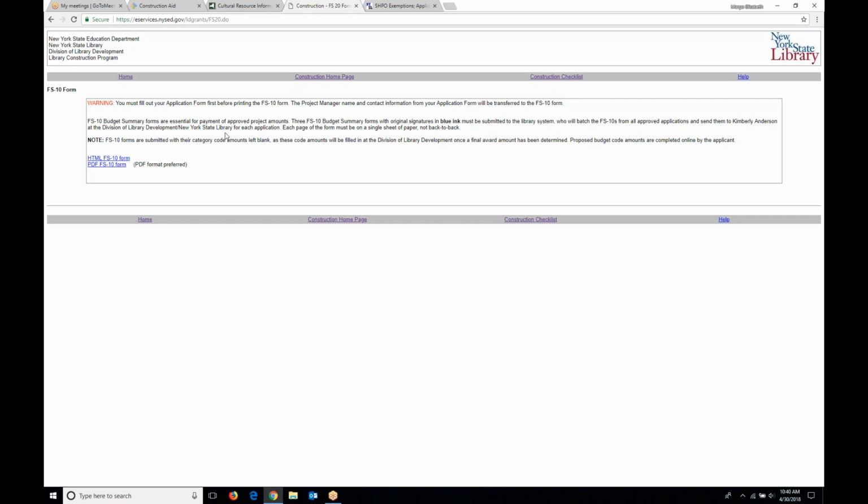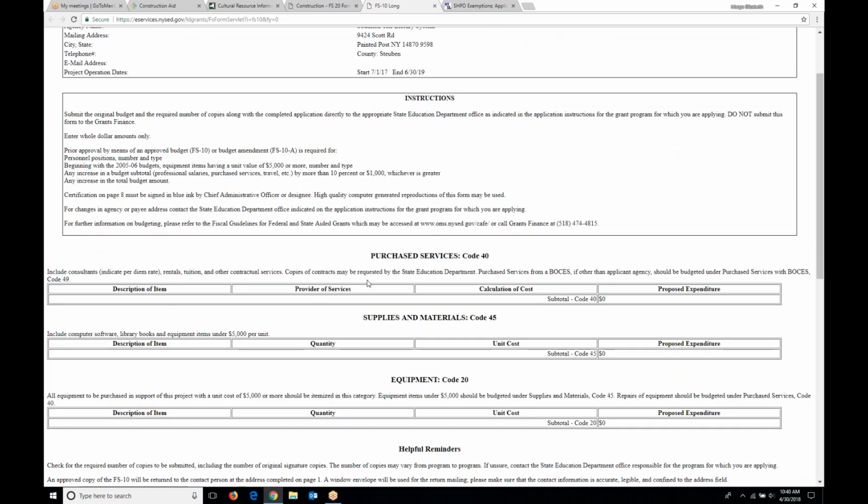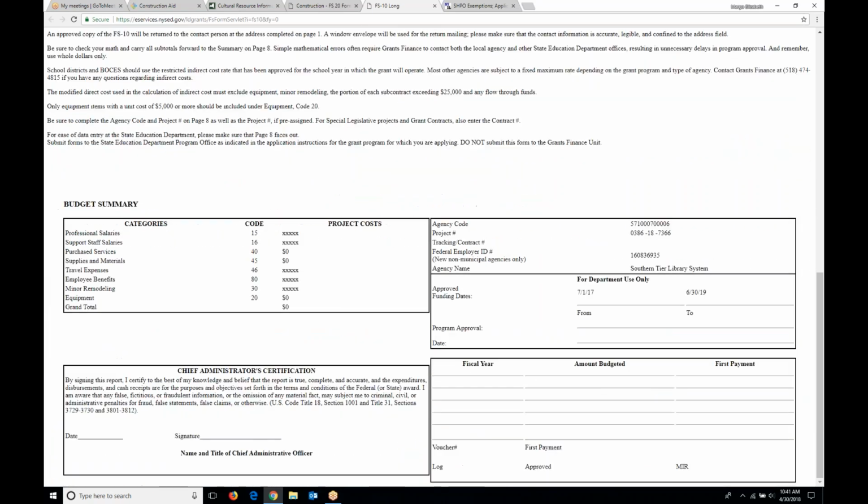Construction checklist, FS10 forms. We get a lot of questions on these because even though you've filled out your application and you've done all your stuff, your FS10 form is going to be mostly blank. This will be filled out, but none of this stuff will be filled out even after you do your budget. That is correct. You still print it, sign it in blue ink, and send it to me.